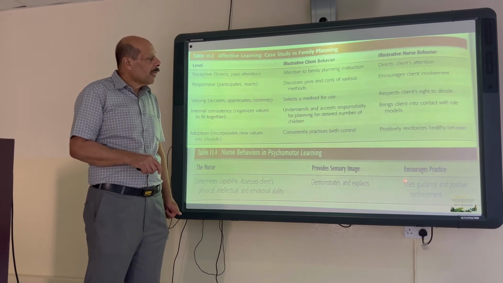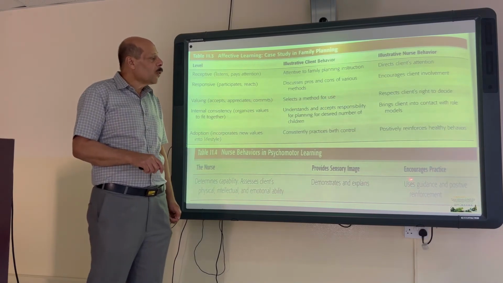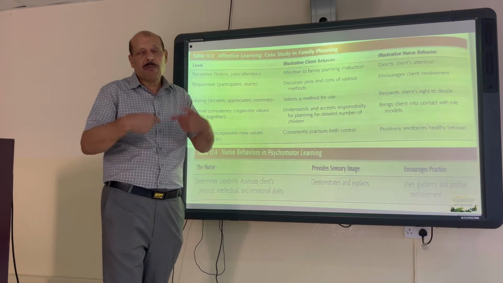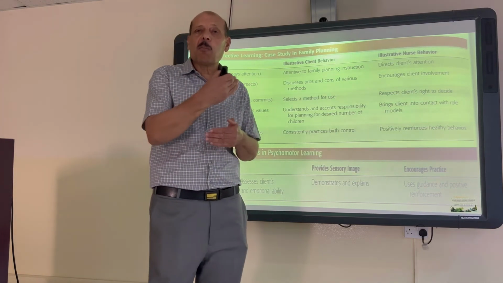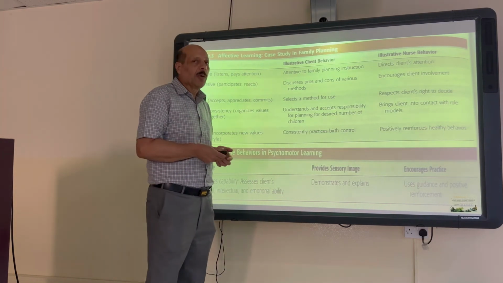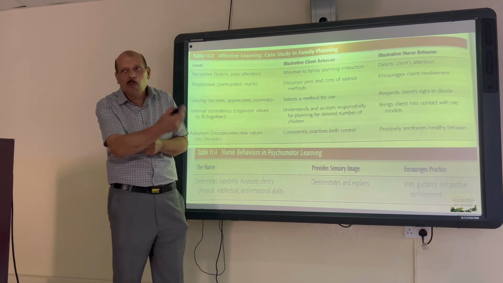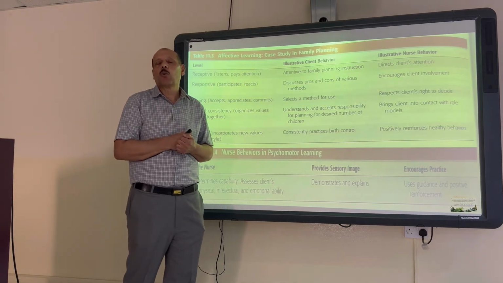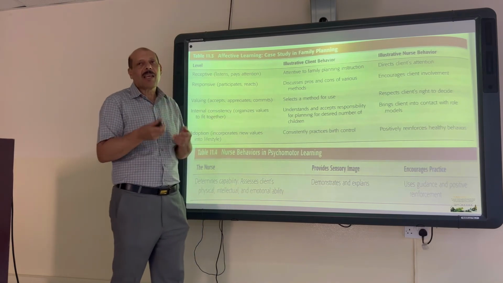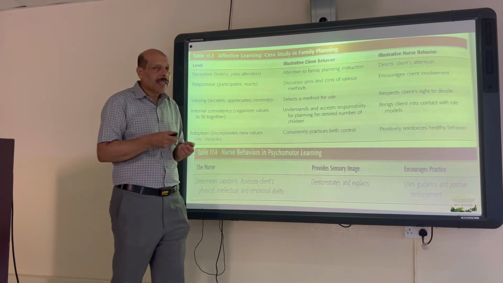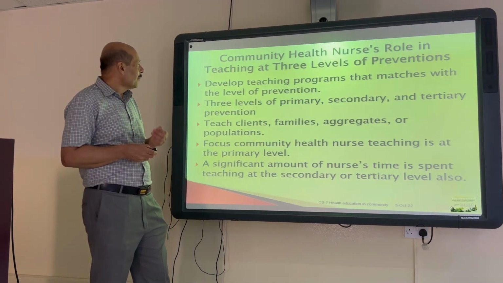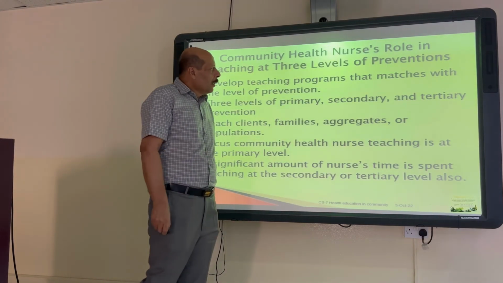Encourage practice here, use guidelines and positive reinforcement if they are doing the procedure well. So we have to reinforce them to do it, to see the improvement in their ability to do the procedure or to do the action, and give them some positive reward about that.